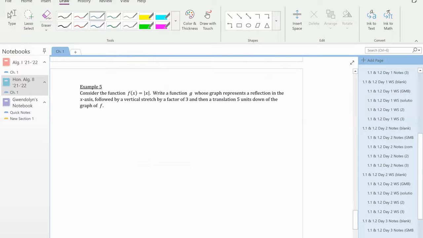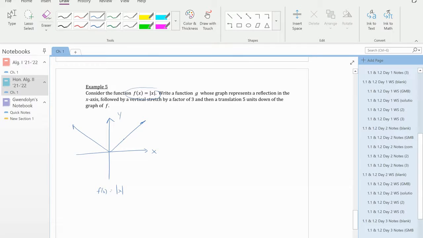We're going to start out with this. Okay, let's start out with this absolute value. That's f of x. Okay, and it's going to go through points like 2, 2, and -3, 3. Okay, right there, 0, 0.